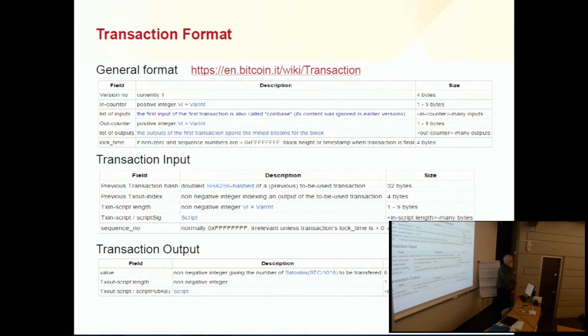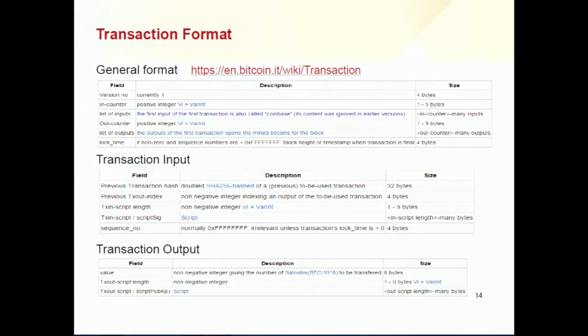So you give them a handful of coins, a list of inputs, and then a list of outputs. You can pay more than one person, and you're going to expect maybe some change back. If the outputs do not add up to all of the inputs, then the leftover goes as a fee to the Bitcoin miner.